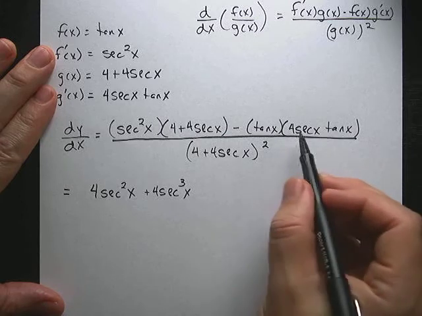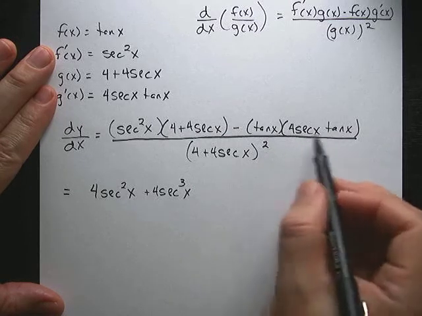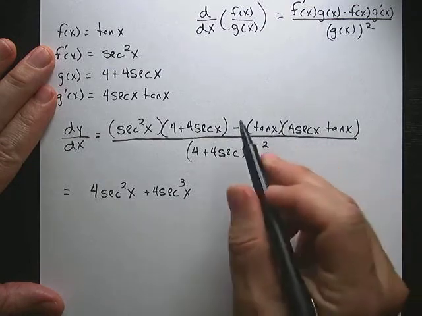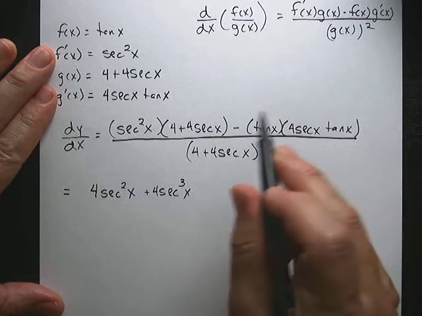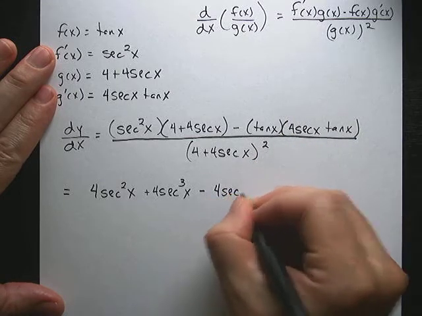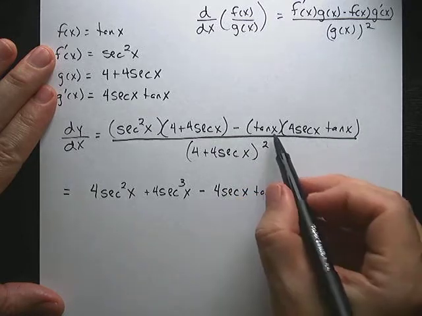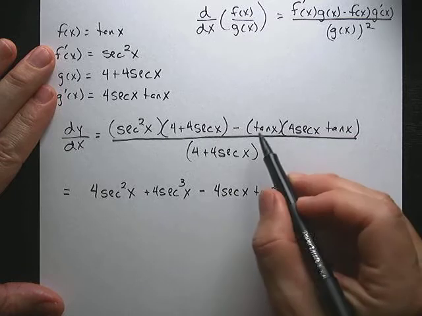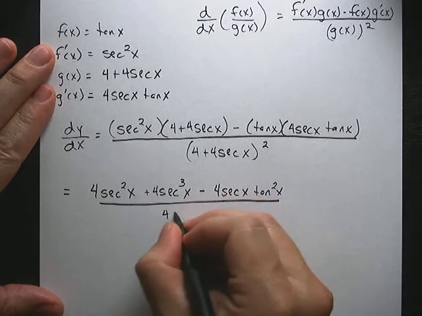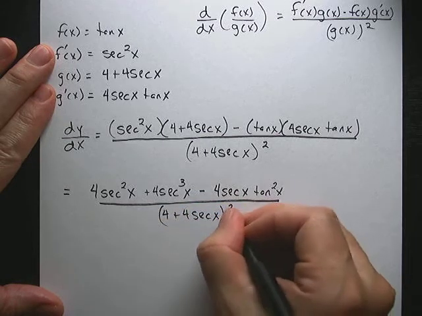Now tangent x times 4 secant x tangent x: there's one term inside each parentheses, so when we multiply we still get only one large term. It's minus 4 secant x tangent squared x, squared because tangent times another tangent, divided by 4 plus 4 secant x, squared.